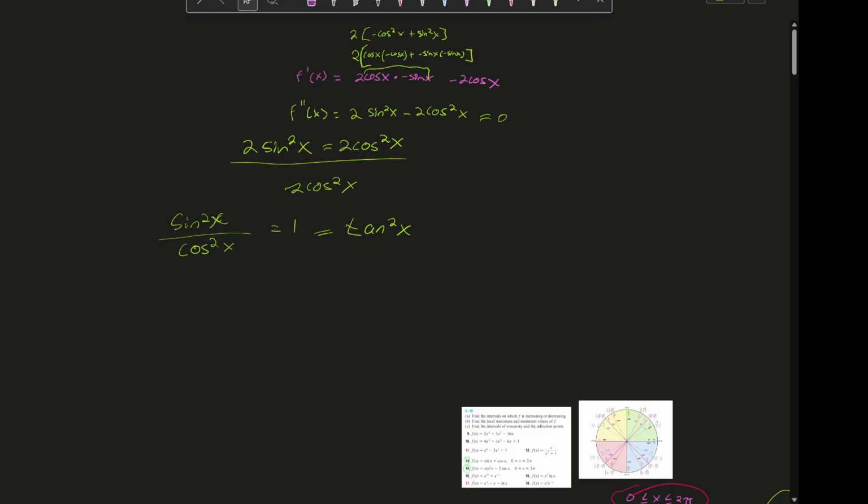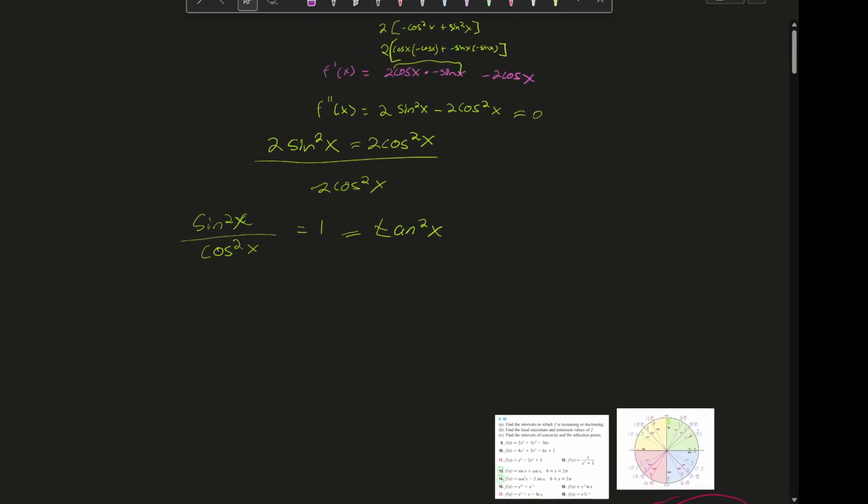Alright, inflection points. So, inflection points where tangent squared x is equal to 1. Okay. So, I guess, this one's simple enough.